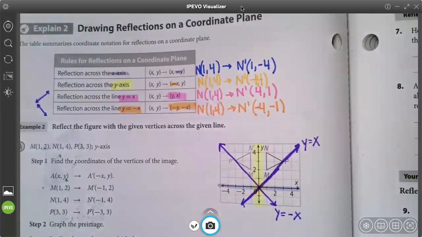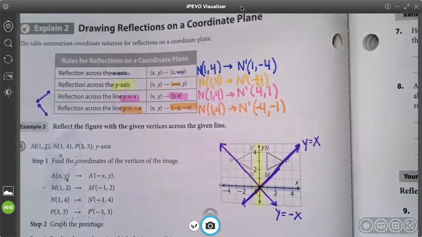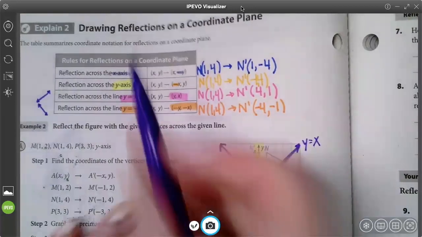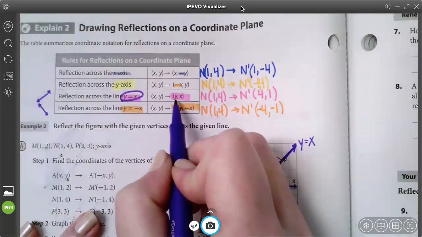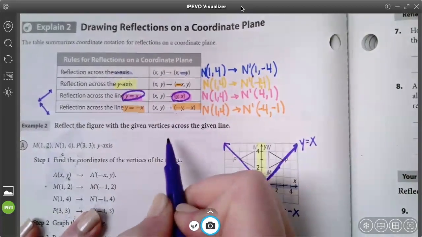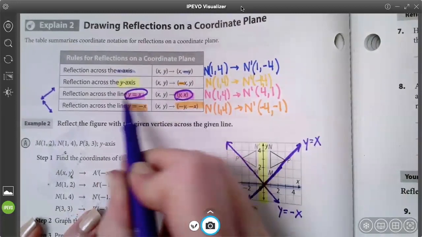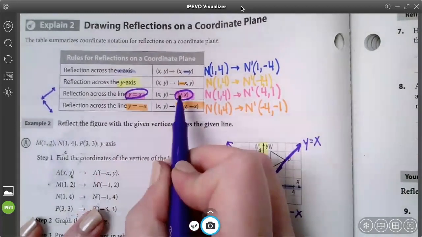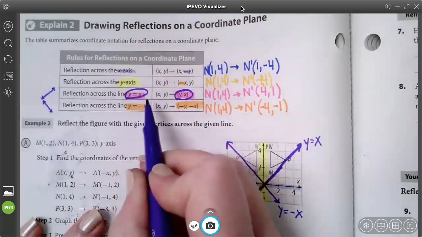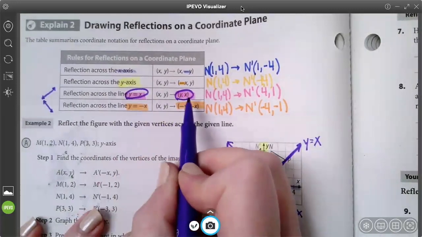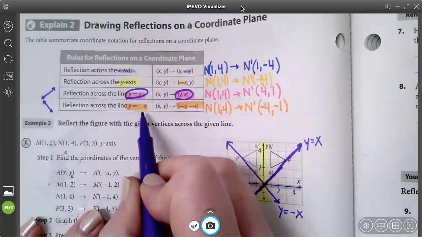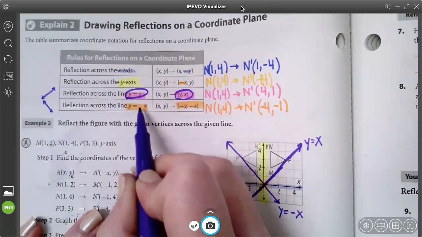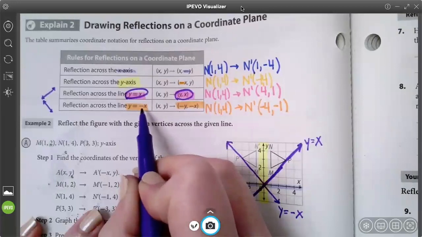Personally, the way I kind of remember it is when you have y equals x, your rule is yx. Okay, yx, yx. It's the same order of letters. So y equals x, the rule is y comma x. For y equals negative x, it's y and x, but with negatives or the opposite sign.